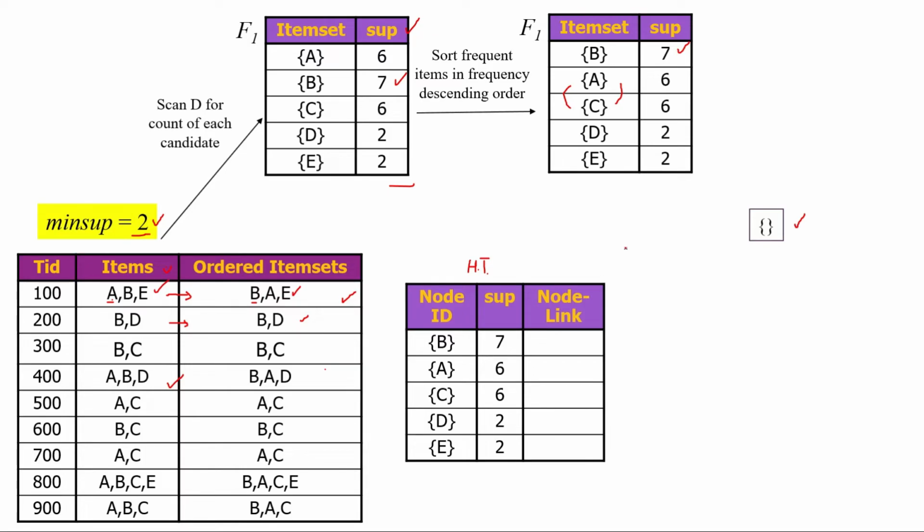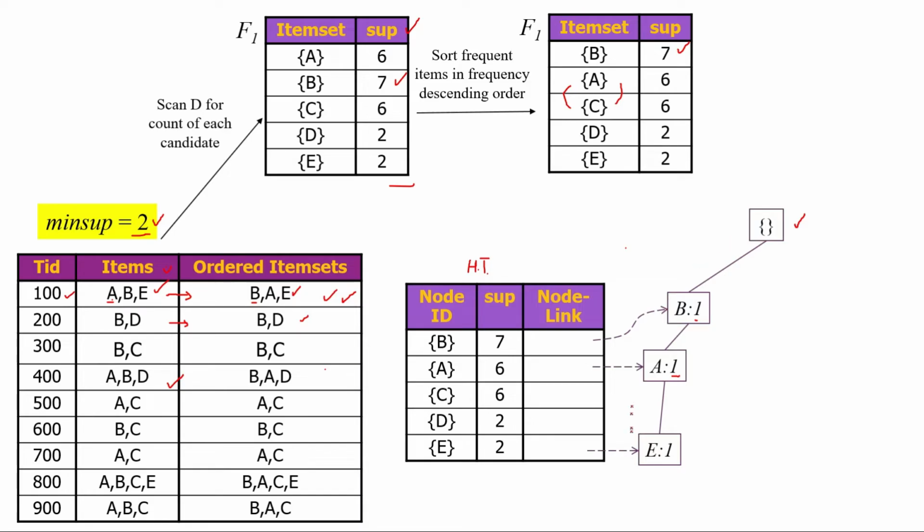So first we have B with the count of 1, then we have A with count 1, and then we have E with count 1.